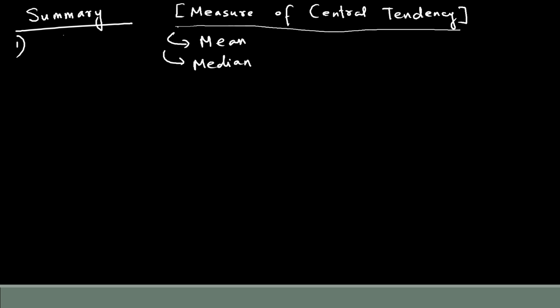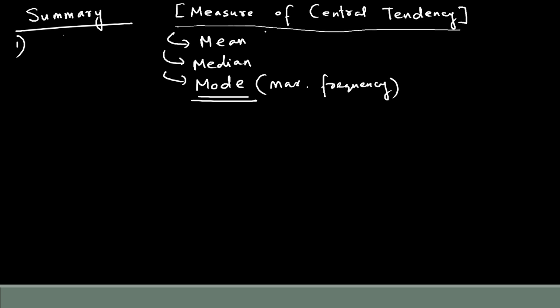So 50% of people are greater than that median height, and 50% of people are less than that median height. And the last one we will find is the mode, which is the maximum frequency, like which height the most number of people have. That is the maximum frequency height, and it's called the mode.